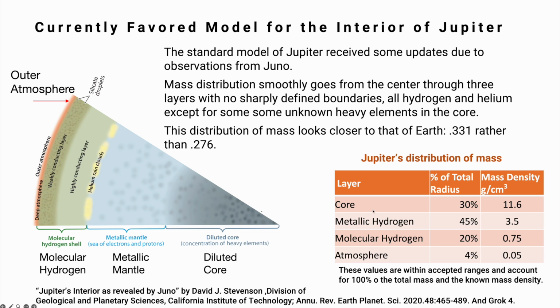And I did some calculations based on the ranges of what the densities are of each of these layers, and came to about this. The 30%, 45, 20 are the three layers, and they go from around 11.6 to 0.1, 0.001, even less.